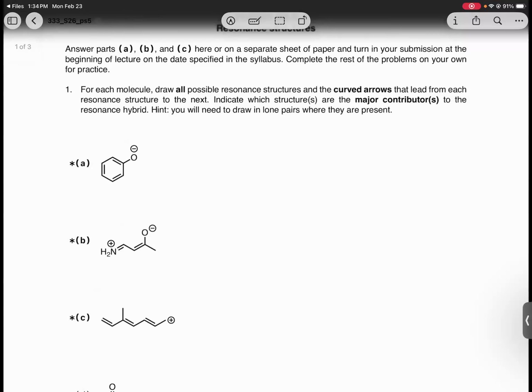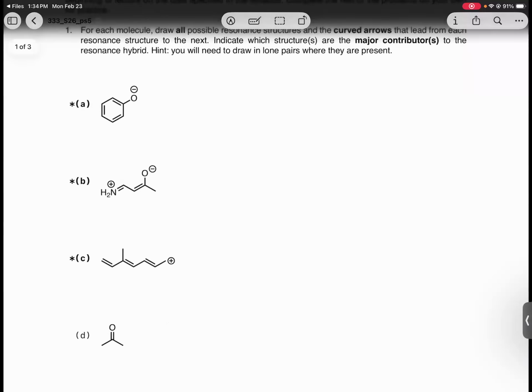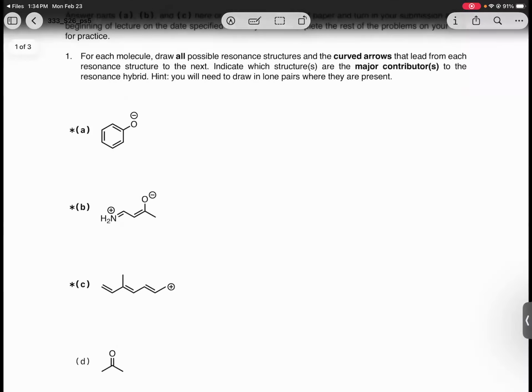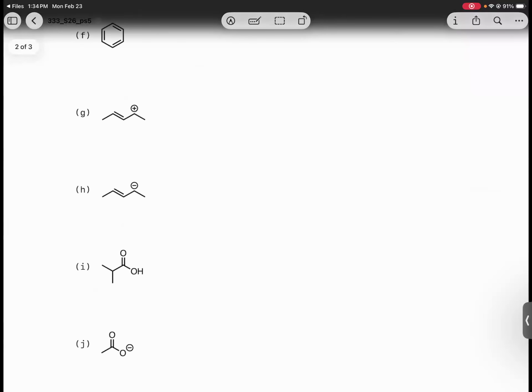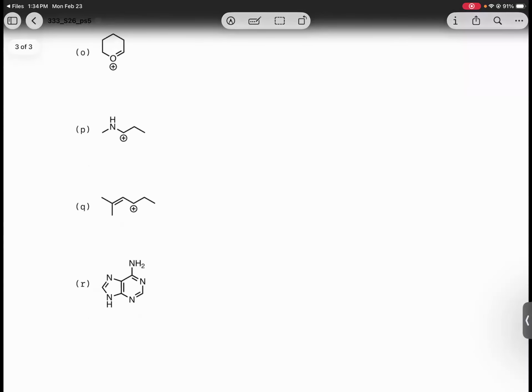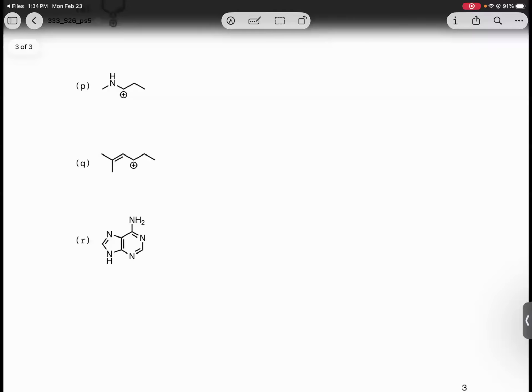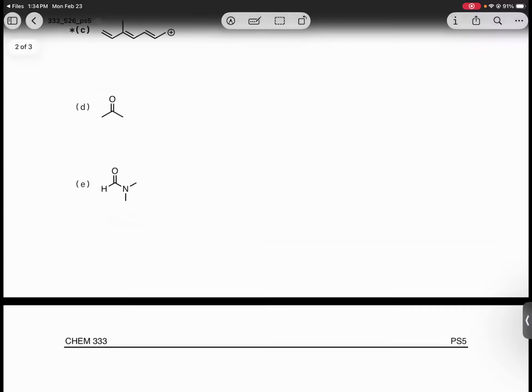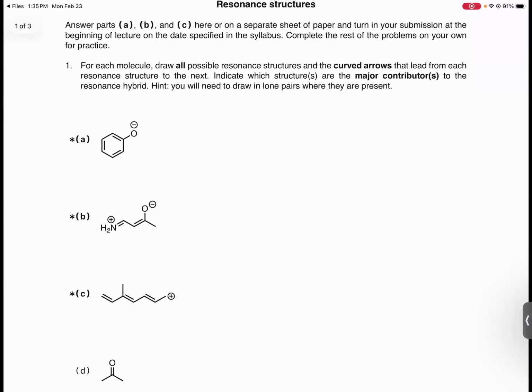And the only ones I want you to turn in are A, B, and C. And then do the rest for practice. So for each molecule, draw all possible resonance structures. There's a reasonable number of them for A, B, and C, and then kind of like this crazy example that we just did. I think there's at least one. Yeah, there's a complicated one where you're probably not going to be able to get all of them, and that's totally okay, but it's just for the practice.